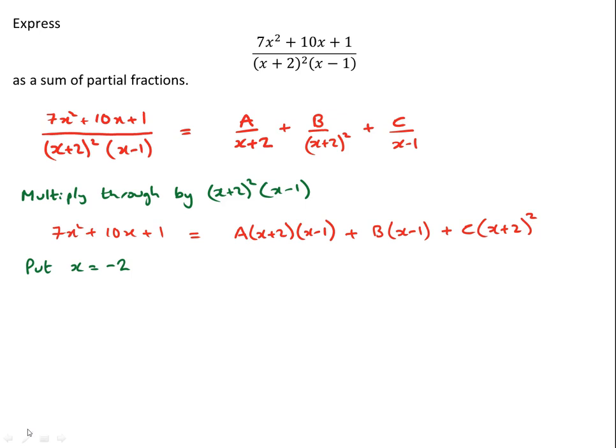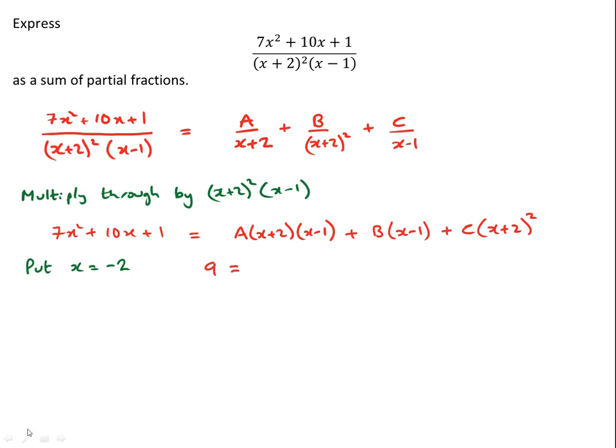So if I put x equals minus 2, the left hand side becomes 7 times minus 2 squared, which gives me 28, plus 10 times minus 2, which is minus 20, add 1. So I've got 28, take away 20, add 1, that's 9.